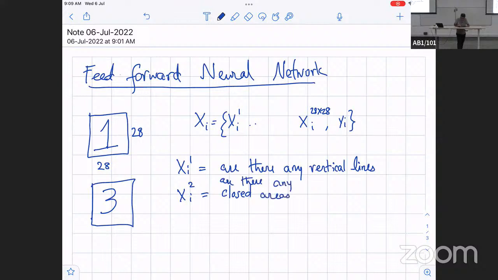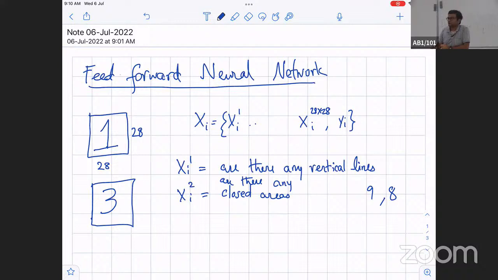For example, if you have a 9 or an 8, you will have these closed areas. So these are the kinds of things you may want to feature engineer. Now the question arises, how do you know whether the way you are engineering the features is a good way or not? So that's one of the challenges.